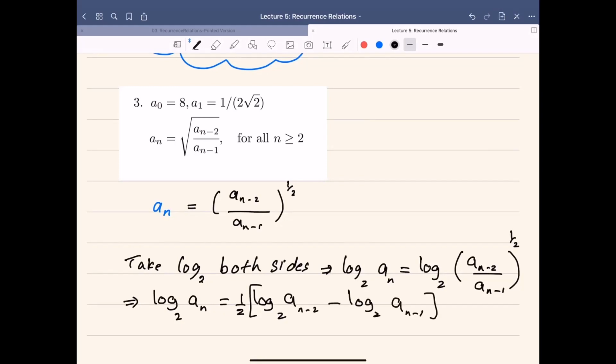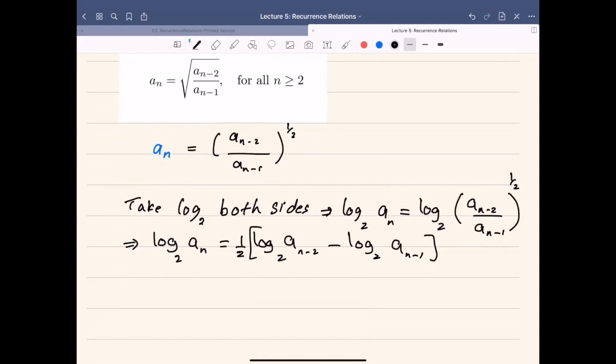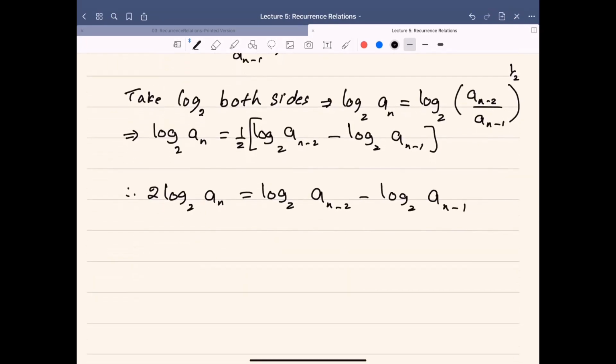If you remember the rule for log, if we have division, then it will be distributed and transformed into minus. Multiplying this equation by 2, we will have 2 log 2 a_n is equal to log 2 a_{n-2} minus log 2 a_{n-1}.